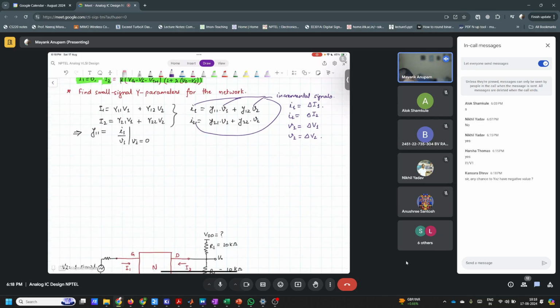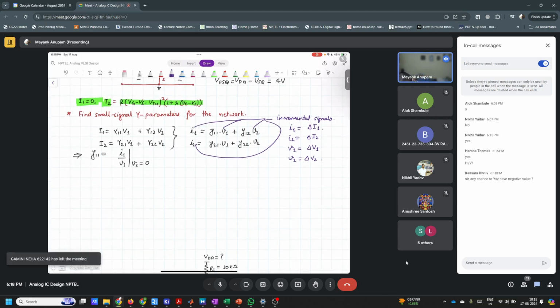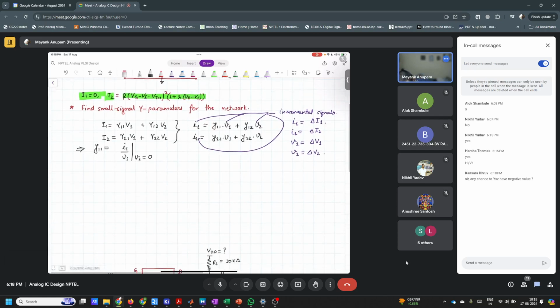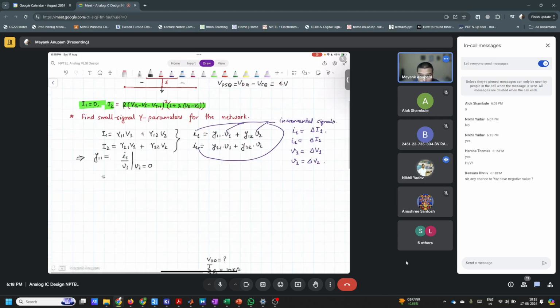So y11 is equal to i1 by v1 when v2 is equal to 0. So tell me, what is y11 in that case from this equation? What will be y11? 0.